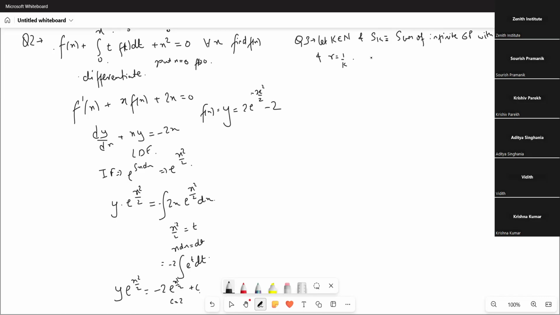Then find the summation k going from 1 to infinity of S_k by 2 to the power k minus 1.